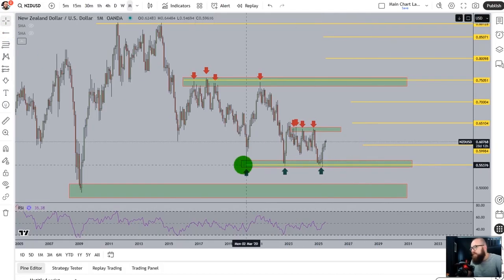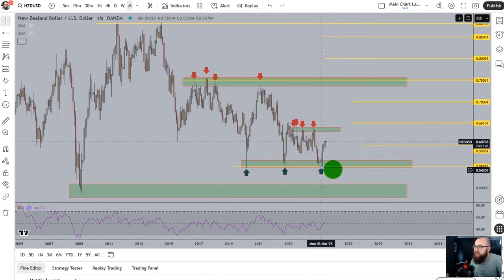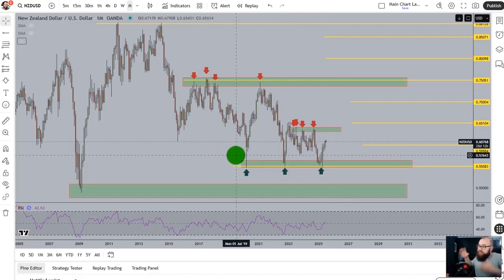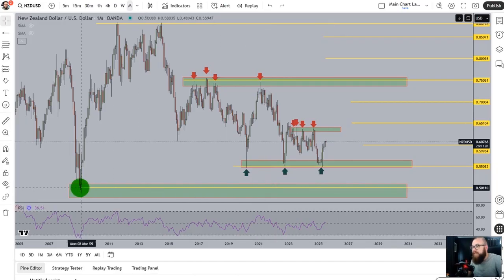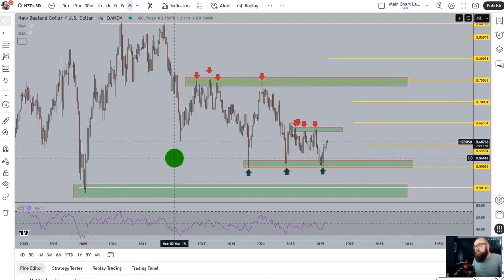Once again, you can see 55 lines up with this horizontal support area. The reason being, it was a psychological level. The price action reacted off the psychological level and has formed this horizontal support area. And 50, once again, lines up with this horizontal support.